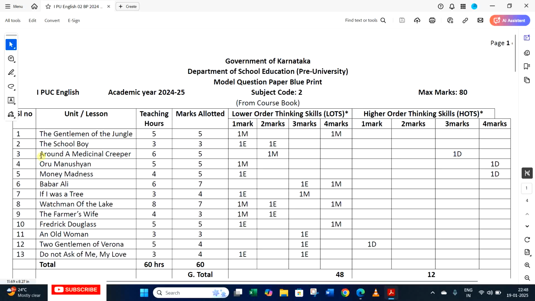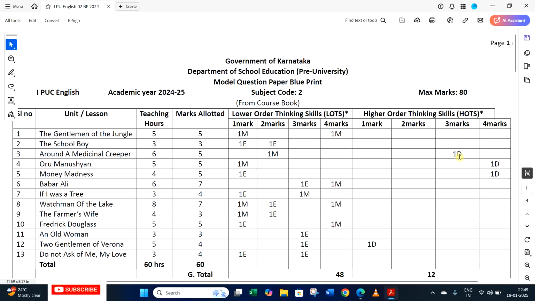Then let us go towards the third unit, that is Around a Medicinal Creeper, and the marks given for this unit are 5 marks. So 2 mark question 1 and then 3 mark question 1 here in higher order thinking skills.